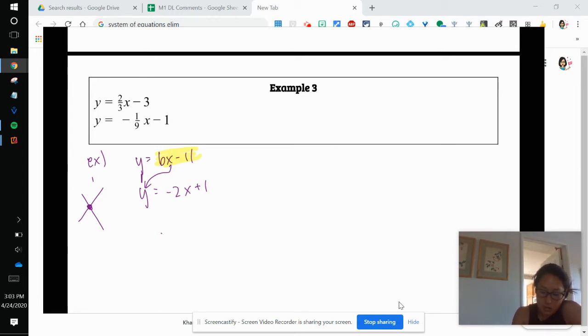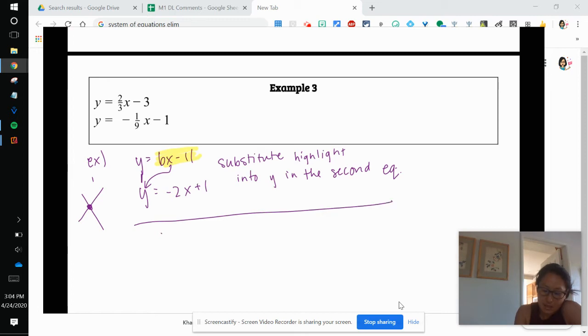So we're going to substitute the highlighted area into the y in the second equation. Okay, so I'm going to have 6x minus 11 is equal to negative 2x plus 1. Now we just solve this equation.